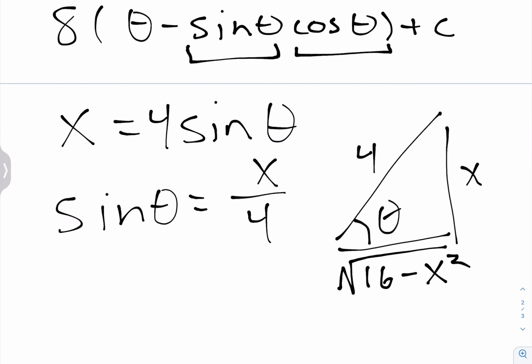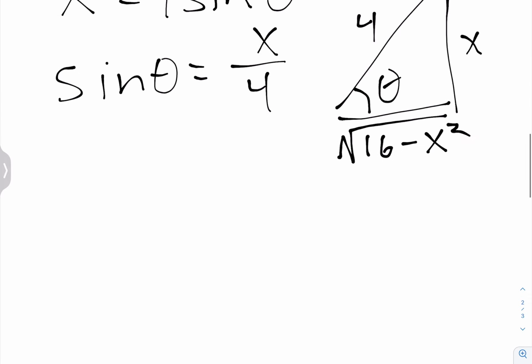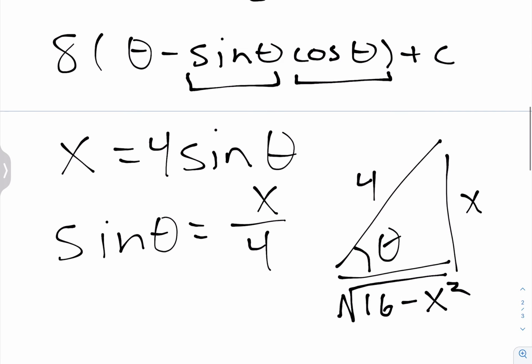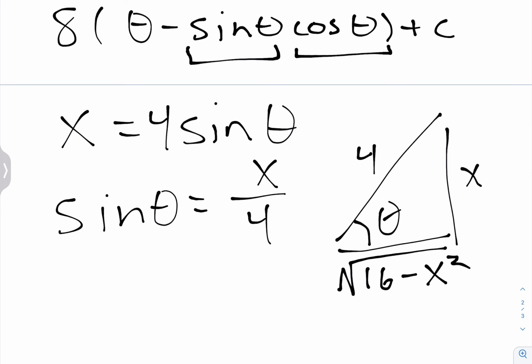Okay, so let me just rewrite this. So now that we know sine theta is going to be x over 4, cos theta is, actually I don't need to rewrite it, I'll just write it down here.